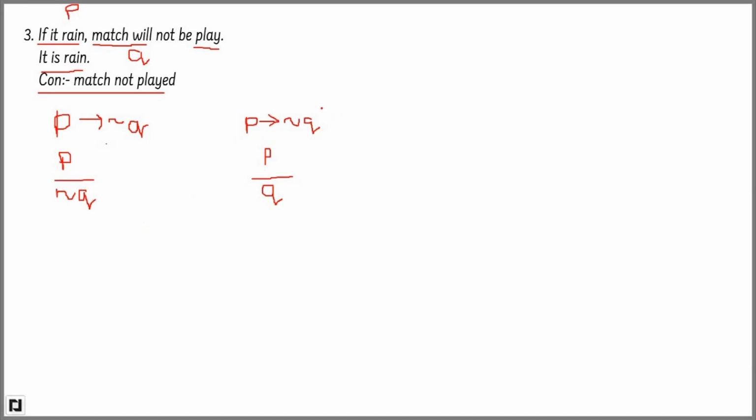For writing a conjunctive normal form, we have to reduce this statement, which gets reduced into negation P or negation Q. Now we have to simply write the three statements consecutively separated by the AND operator. So here we get our conjunctive normal form.